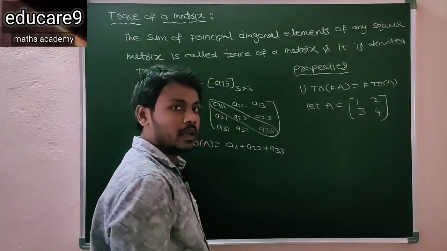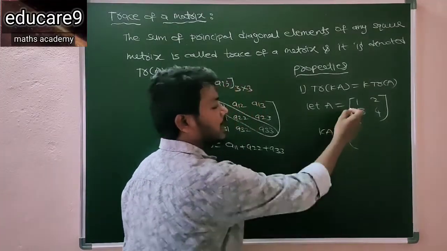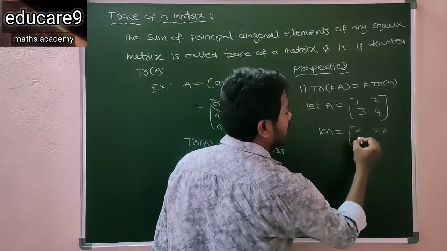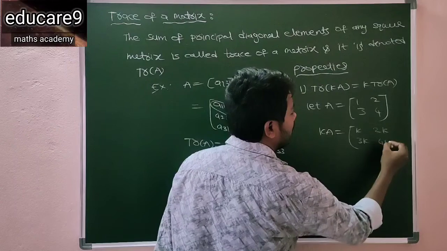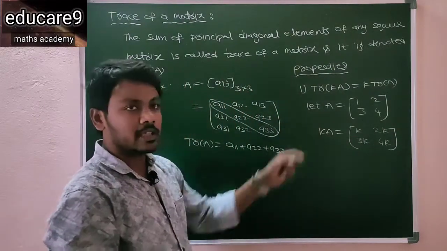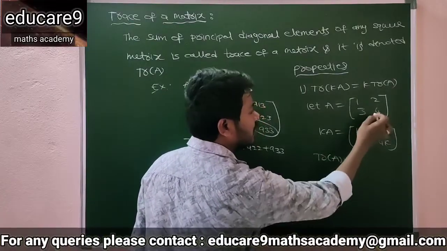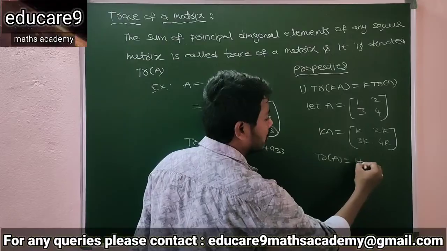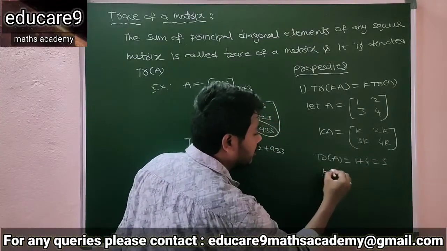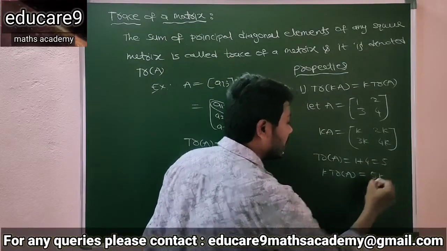And kA, so what is kA? Multiplying k with each and every element, that is k, 2k, 3k, 4k. Now find the trace of A. Clearly trace of A is 1 plus 4, that is 5. And k into trace of A is 5k.